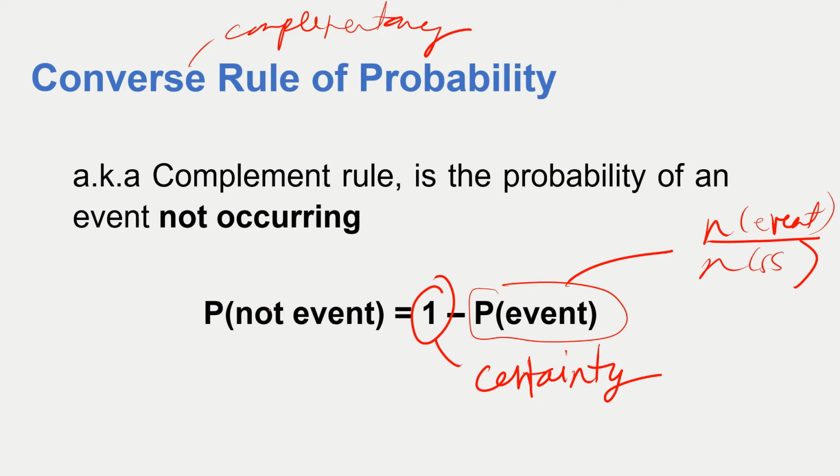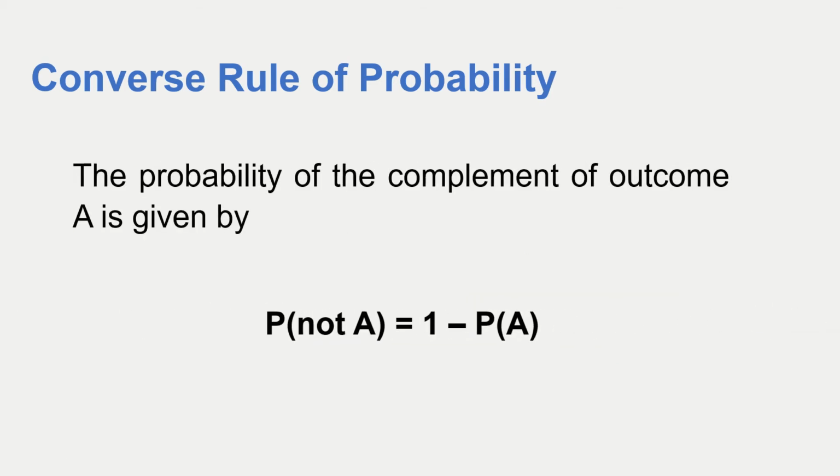Ayan. So to get the complementary of this probability, we subtract it from 1. So suppose that we have outcome A. The probability of the complement of outcome A is given by the probability of not A is equal to 1 minus the probability of A, or P of A.